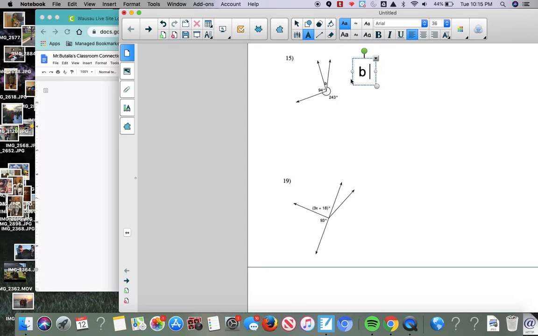So my equation would look something like this. And this is what I would expect you to have on your paper.